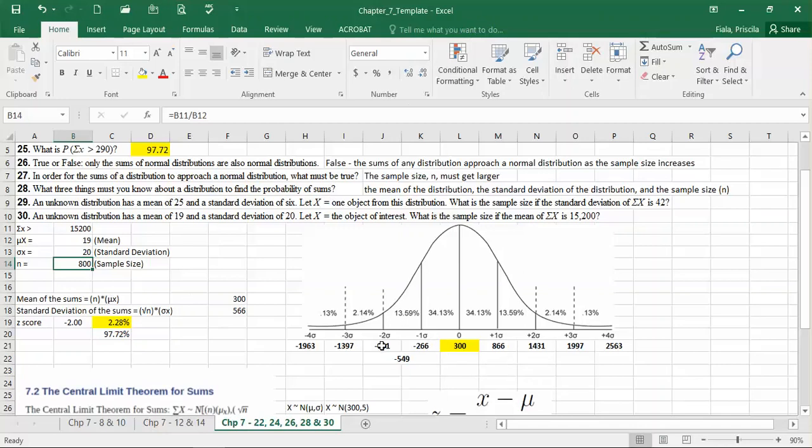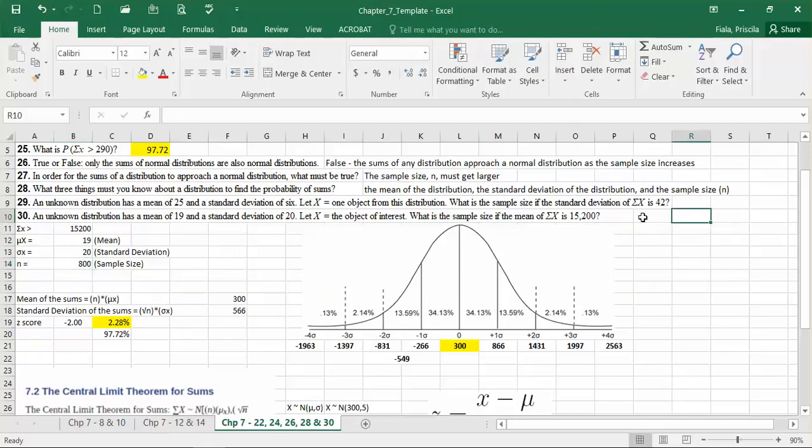Don't look at this because we're just answering number 30. When we're trying to find the whole value, we have to do the sample size times the mean, correct? But now, since we have the sum of the values, we divide it by the mean, and then we get the sample size, which is 800.